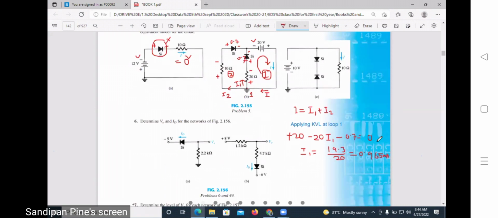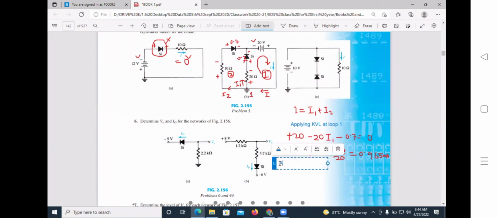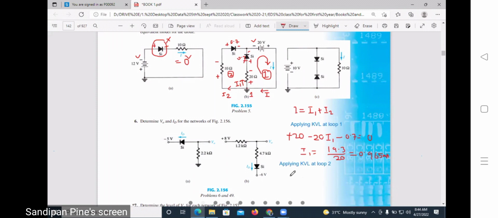Now you have to find out I2. To get I2, we have to apply KVL at loop 2. Applying KVL at loop 2, from anywhere we can start: plus 2, minus 10.